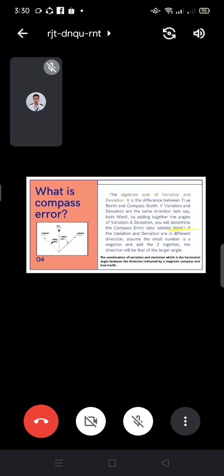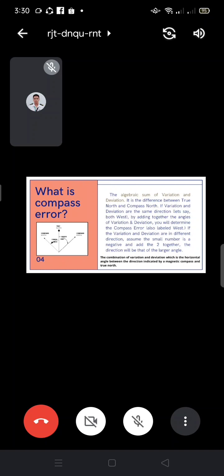So what is compass error? The algebraic sum of variation and deviation. It is the difference between true north and compass north. If variation and deviation are in the same direction, let's say both west, adding together the angles of variation and deviation will determine the compass error, also labeled west.